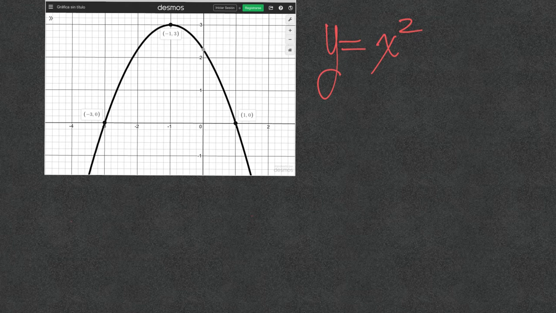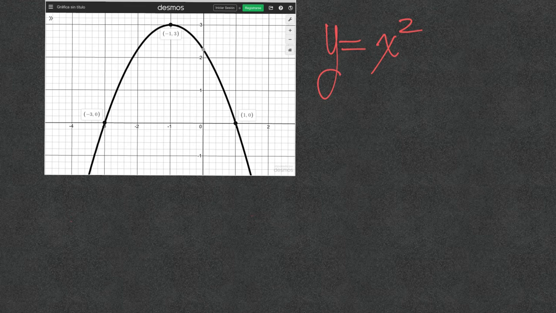Okay, so we're going to start this way. We're going to look at the vertex. Remember, the point of reference of our parabola is always going to be our vertex. It moved 1 unit to the left and 3 units up. So we're going to leave our vertical shift, dilations and reflection with the y, and the horizontal shift, dilations, or reflection with the x.